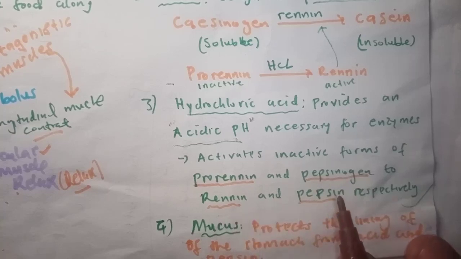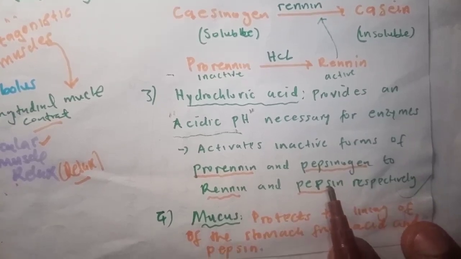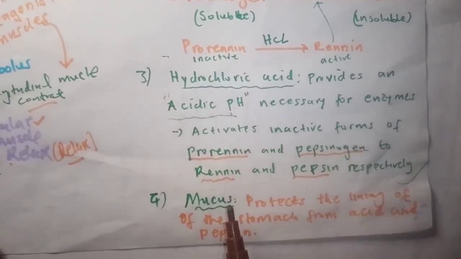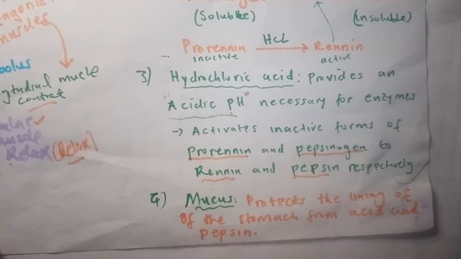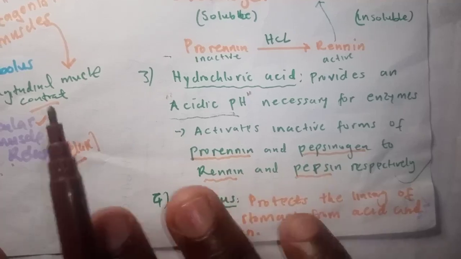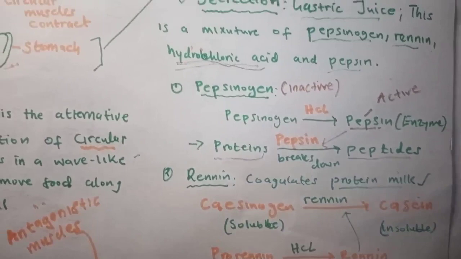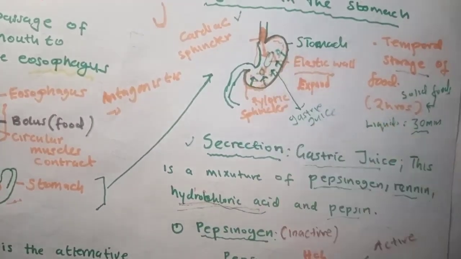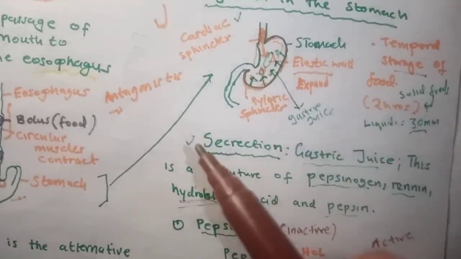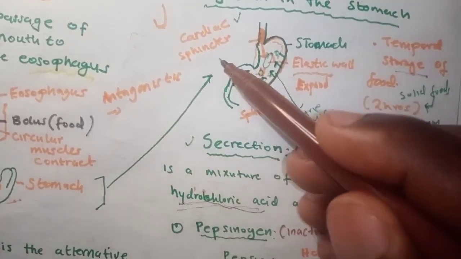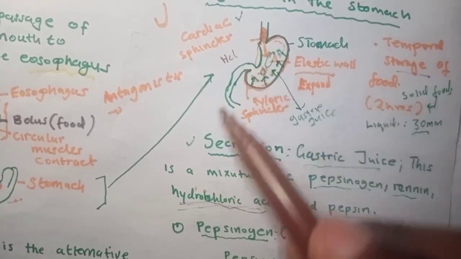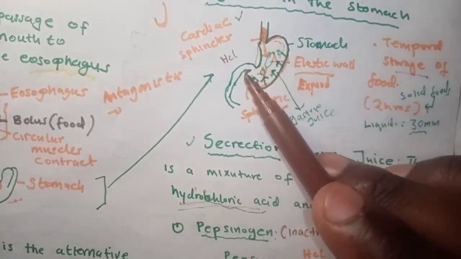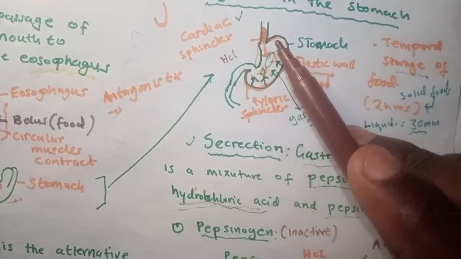The other thing found in gastric juice is mucus. This mucus protects the lining of the stomach from the hydrochloric acid and pepsin. Hydrochloric acid is a strong acid, able to erode the lining of the stomach.